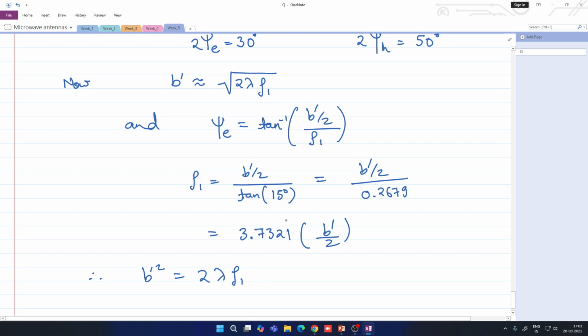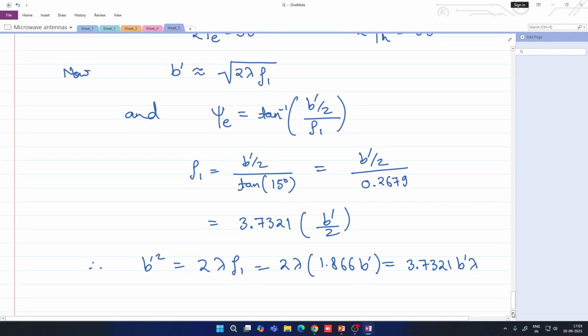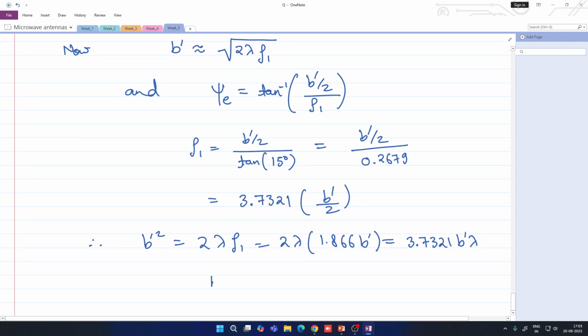Now we will replace this rho 1 in terms of b prime by 2, and we will get 2 lambda times 1.866 b prime. When we solve this, we will get 3.7321 times b prime times lambda, or b prime comes out to be 3.7321 times lambda.